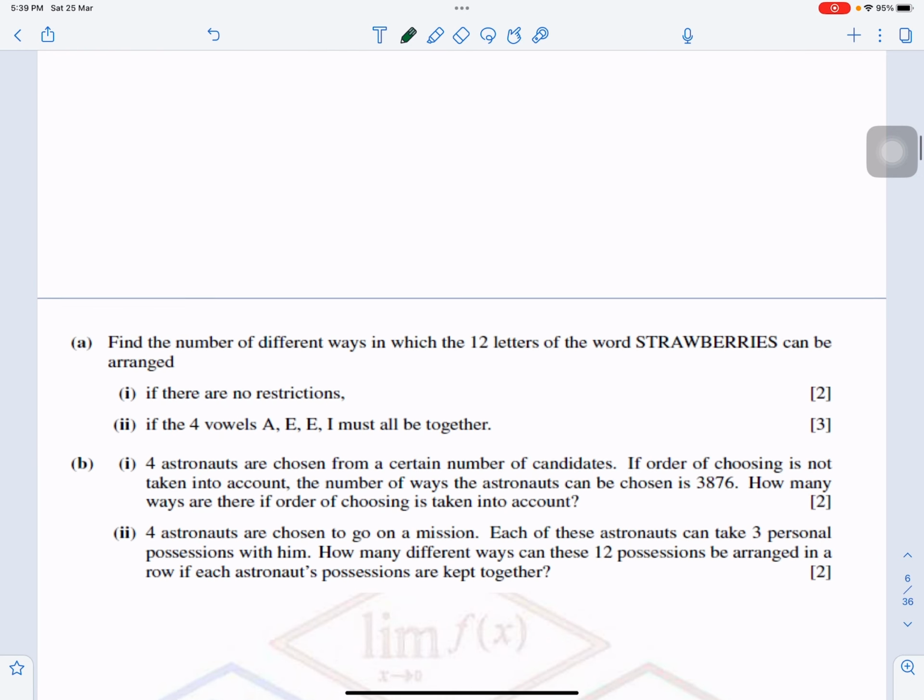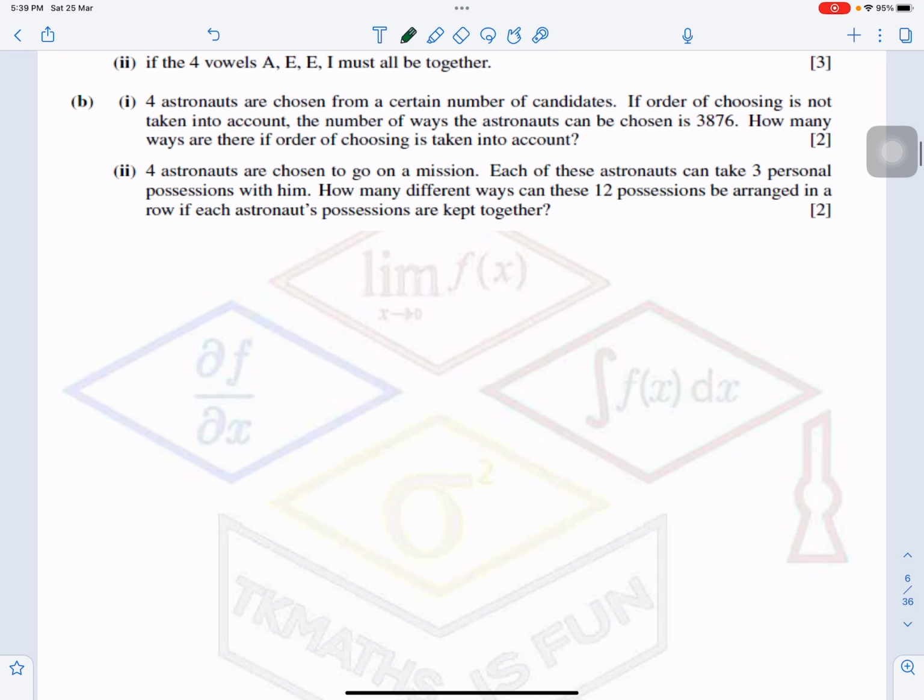Now let's see part B of the question. Four astronauts are chosen from a certain number of candidates. They are not telling you how many. Initially the order of choosing is not taken into account, and when the calculation was done, it was noticed that there are 3,876 ways the astronauts can be chosen.